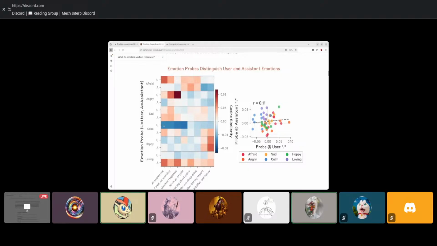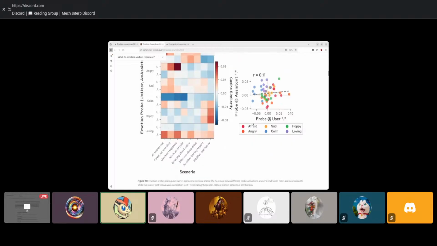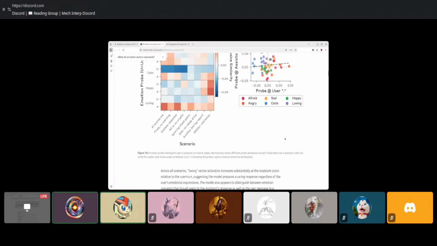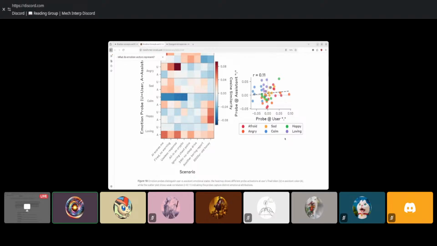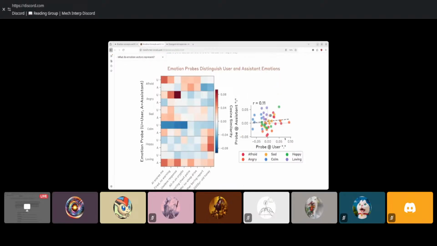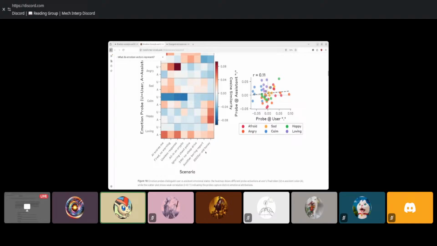Wait, what is this? Oh yeah, this is user and assistant. I guess this is for the examples here, but it's not a general thing. No, the user is less calm. Cosine similarity, calm. This is only for these examples, but I expect the loving thing is probably in general true for all possible examples.